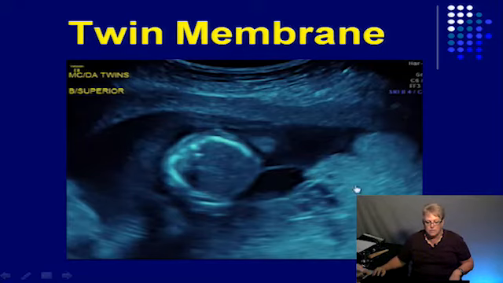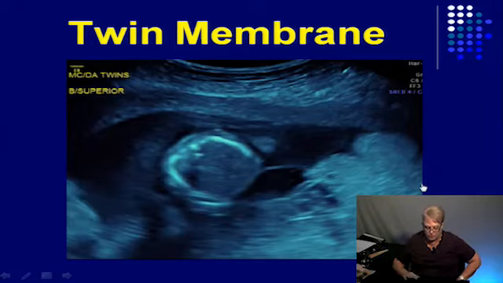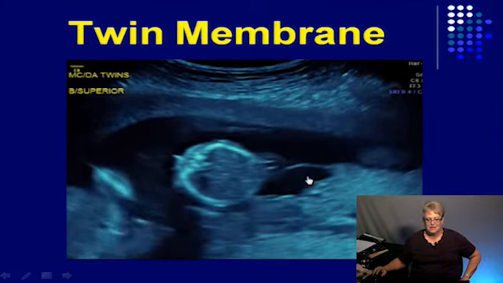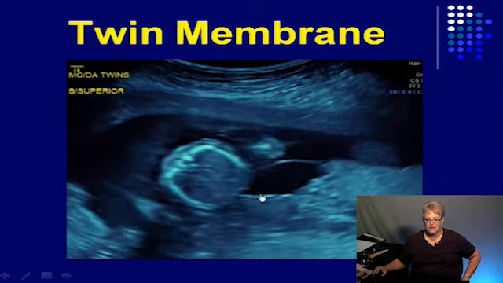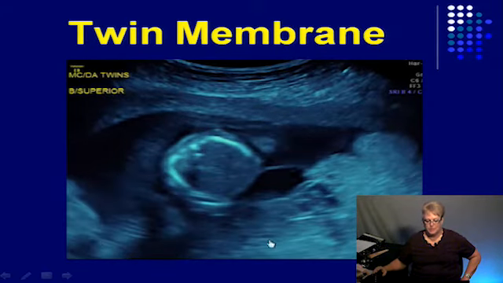It's called a bell clapper appearance, where it's just kind of bopping around like this because it's membrane folded on itself. There we go. See it right here? This is cord here. All this other fluid is from this other baby.